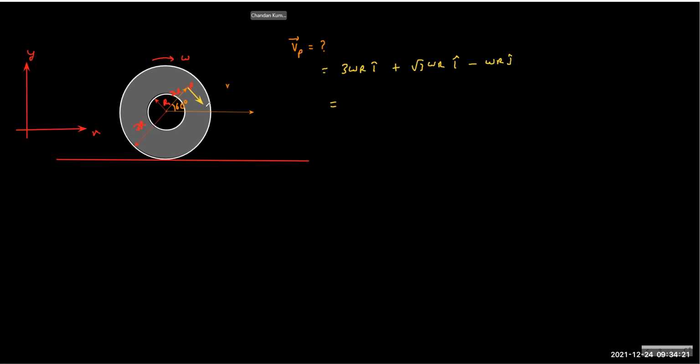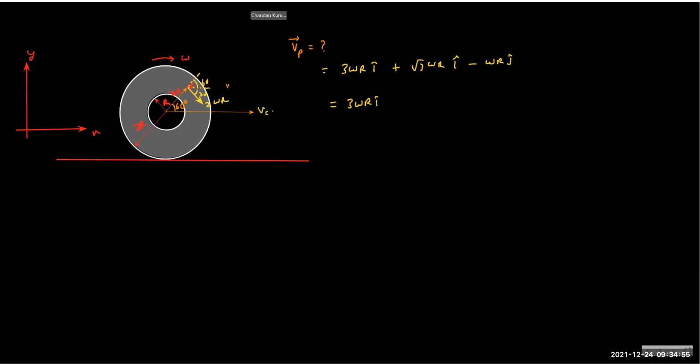So of course this will be 2 omega r, because omega is the angular velocity, and the distance from this is 2r. So now you can resolve. So this is 60 degrees. I think this is also not correct because this will become 3 omega r i because of the center.